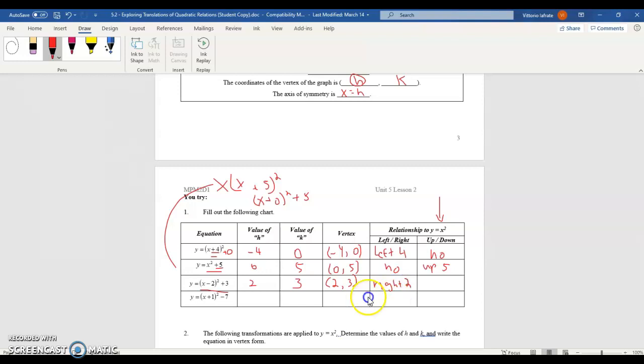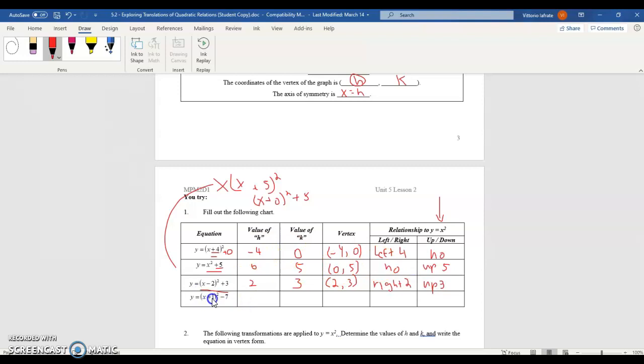Is there a vertical shift? Yes, there's a k. So it's up 3. So if you're making these graphs from your parabola of x squared, you would go in there and move each point to the right by 2, and then up by 3 once you move them to the right. Or up by 3 and right by 2. It doesn't really matter which order you do it in.